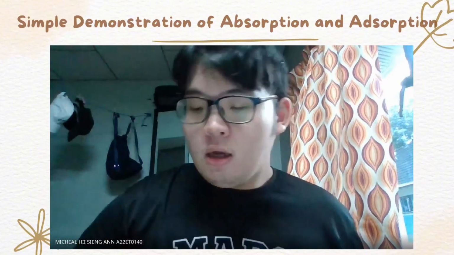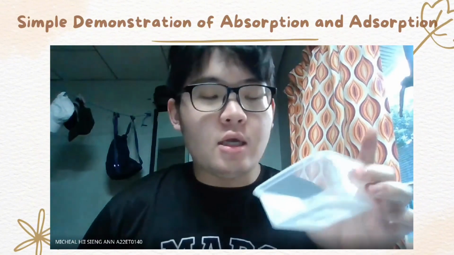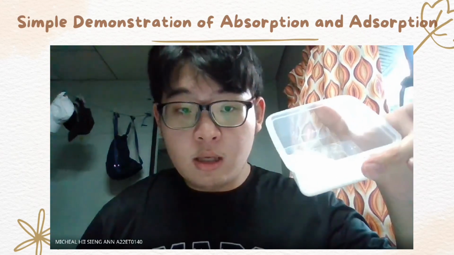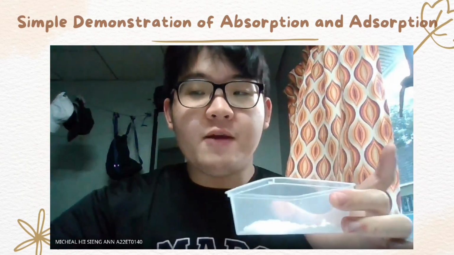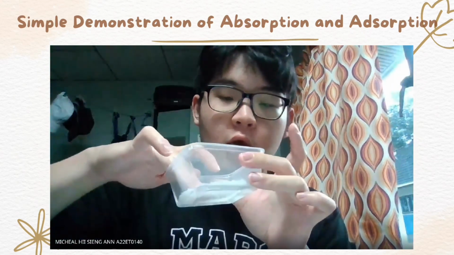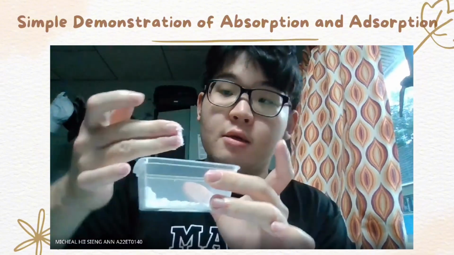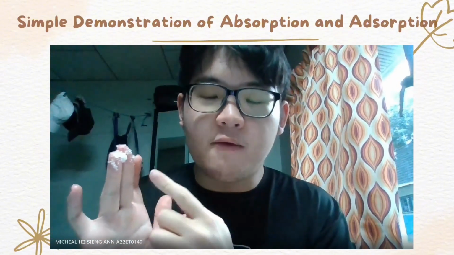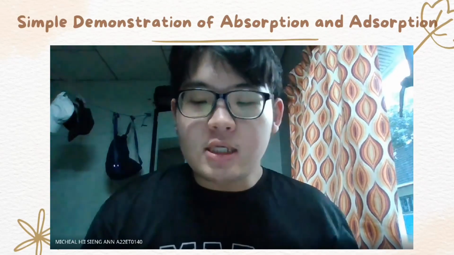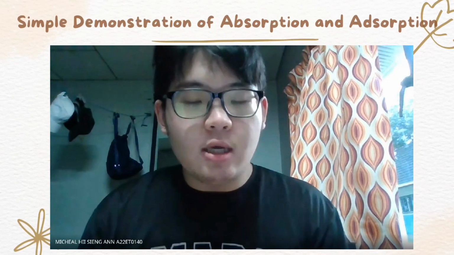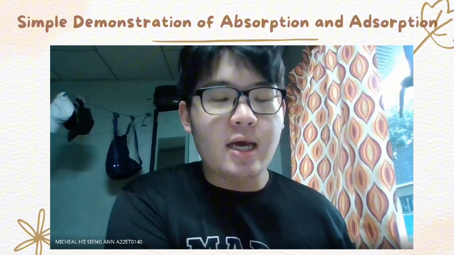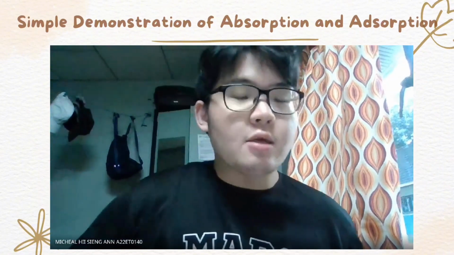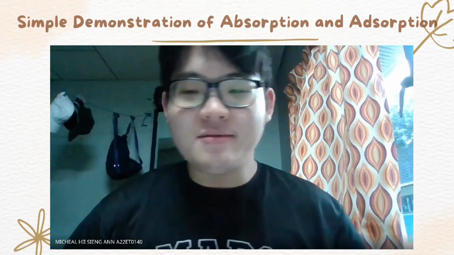Also, I have some salt here. As you can see, this is salt. When I put my finger onto the salt, the salt will stick onto the surface of my finger. So this is what we call adsorption. The object will stick or adhere onto the surface of another substance. So that's all for the demonstration. Thank you.